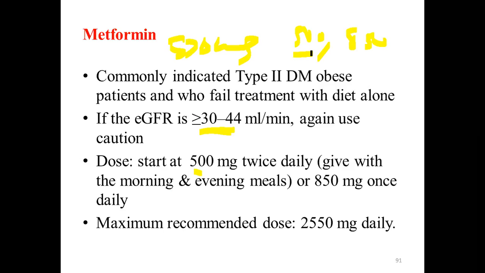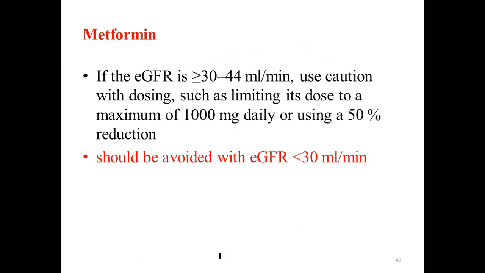For the 500, we can use twice daily, but 850 we can use once daily when we initiate. Then we can titrate until the maximum dose of metformin. But most physicians normally use 2000 milligrams, like 2 grams. 2 grams of metformin is the most commonly used dose.